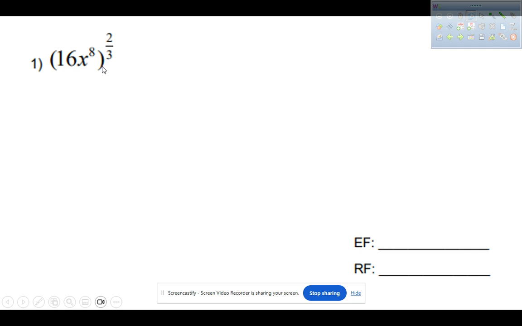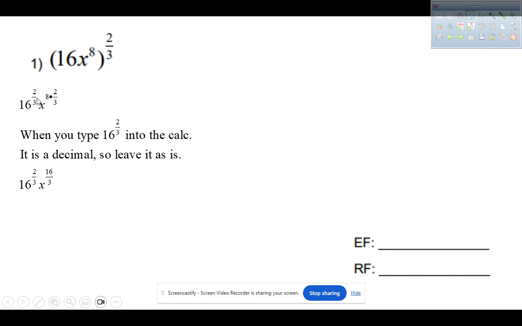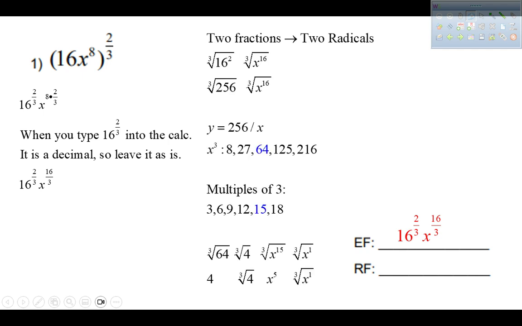All right, so this is power property. I'm going to raise the 16 to the power of 2/3 and multiply the exponents. When you type 16 to the 2/3 into your calculator, though, you get a decimal, so I'm going to leave that fraction when I write it in exponential form. Because there are 2 fractions here, there are 2 roots. So I had to simplify a 256 and an x to the 16th.